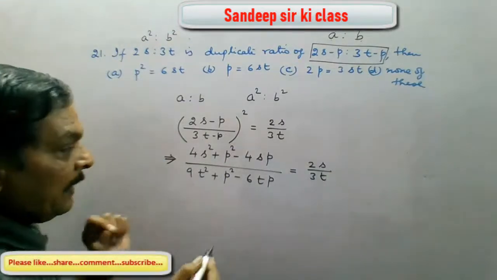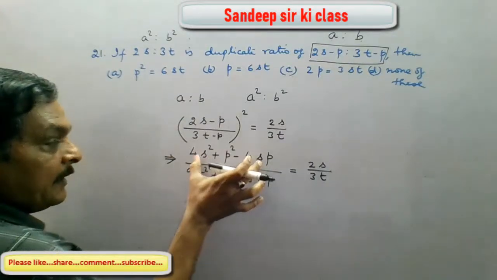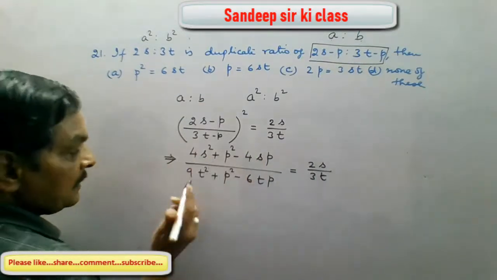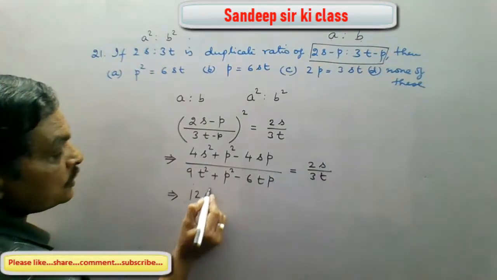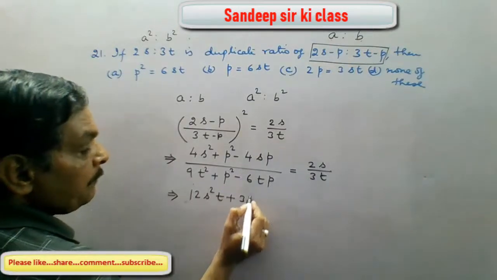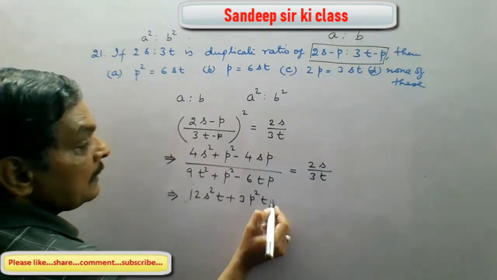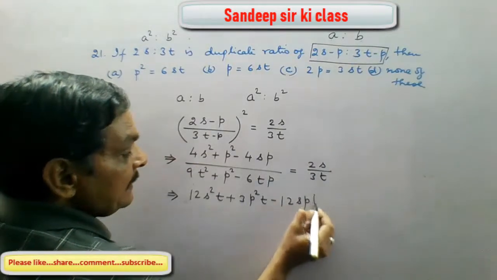Now cross multiply. When I cross multiply, 3t will be multiplied by each term of this. So I get 12s square t plus 3p square t minus 12spt.